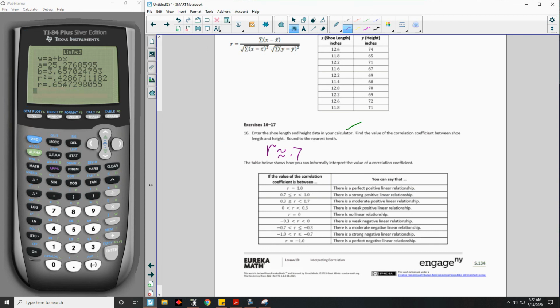I would go 2 decimal places personally, and I would see 0.65, and I'd say, well, that's less than 0.7, so I'd say moderately positive linear relationship. If you're going to round, 0.65 is less than 0.7, so it doesn't fall in here, right? So I'd say this is on the border of moderately positive and strong positive. Okay, that's it on this page.